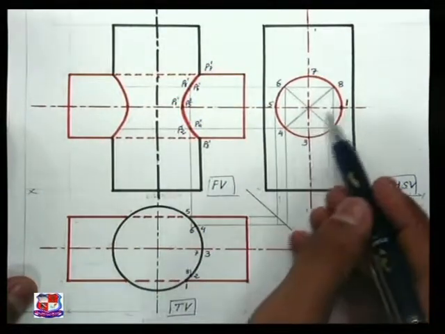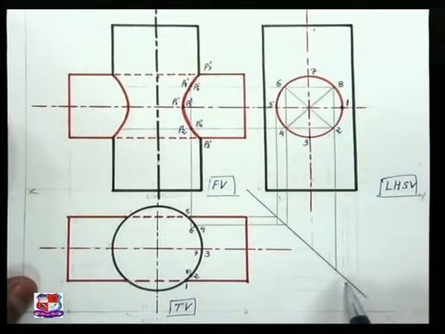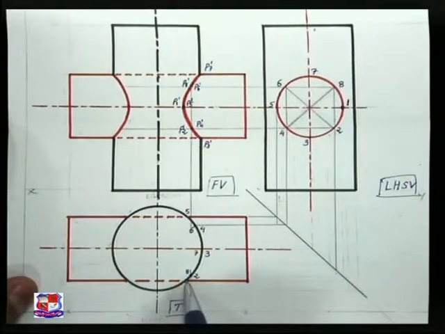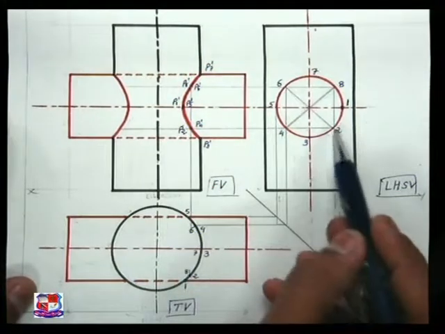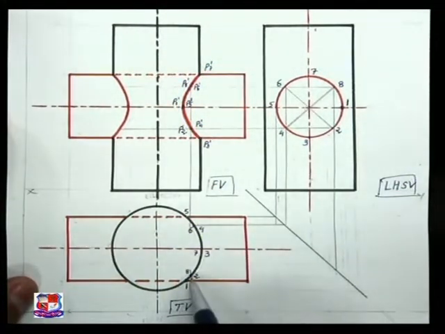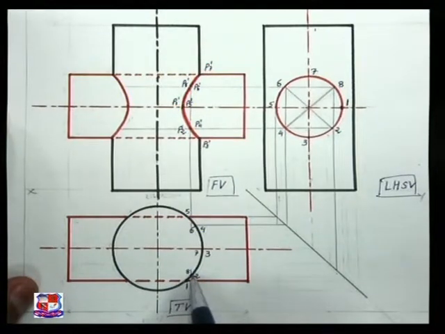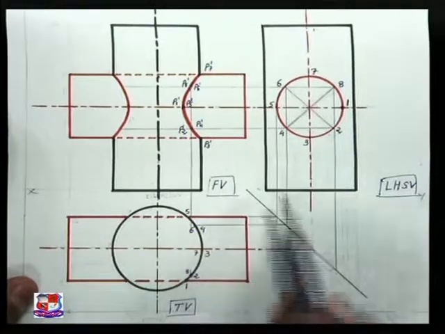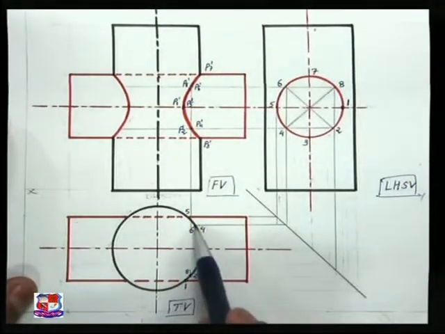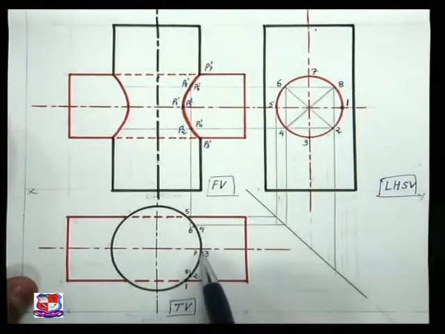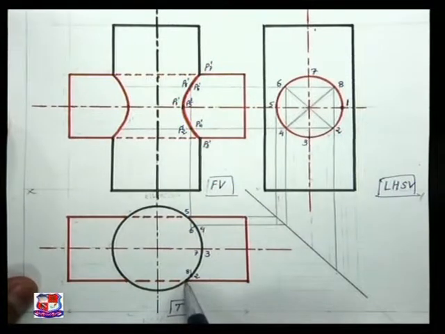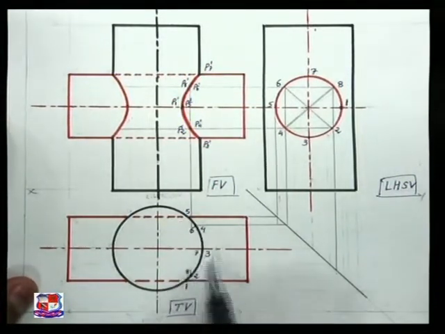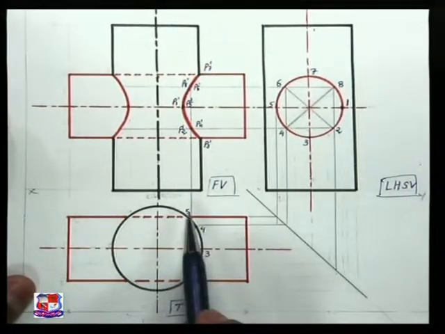So from point 1, draw a vertical line that will cut this black cylinder at point number 1. Vertical line from point 2 will cut the cylinder over here, that is point number 2. Vertical line from point 3, this is point number 3. Vertical line from 4, 5, 6, 7, 8 and 1. So these are the positions of the points of intersection in top view.